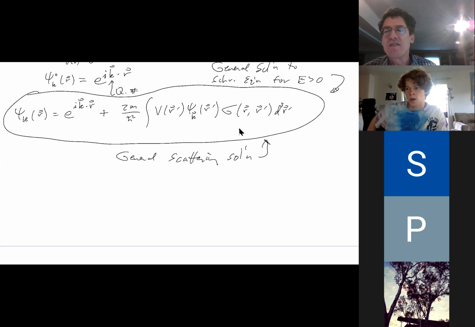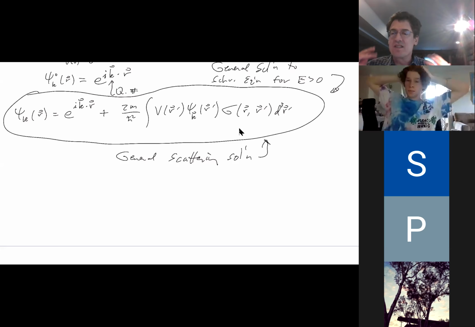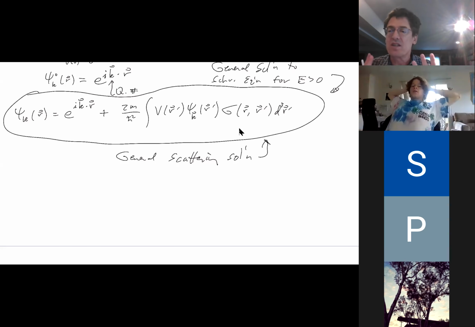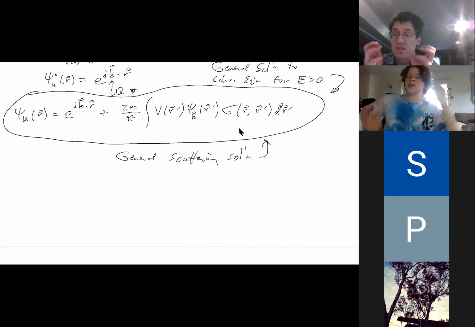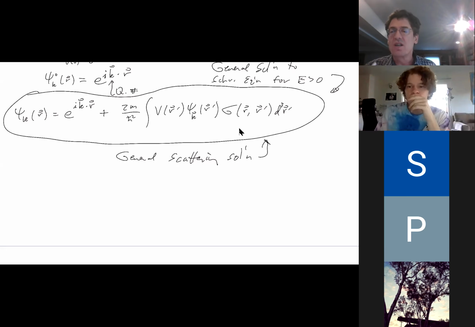It will all work out in the end. And you know how it will work out? Because we will make gross approximations, because that's how it always works out. We physicists write down these incredibly difficult equations that we can't solve, and then we make approximations to solve them. That's where we're going with this. So don't worry, be happy.